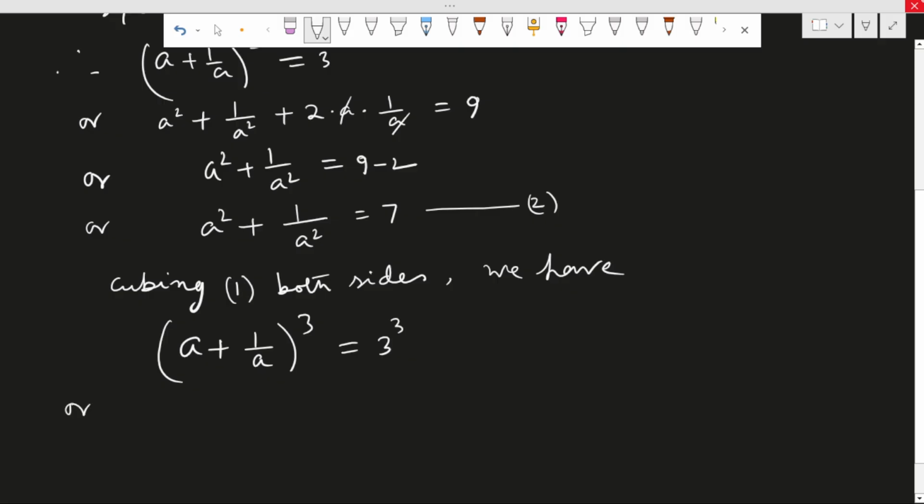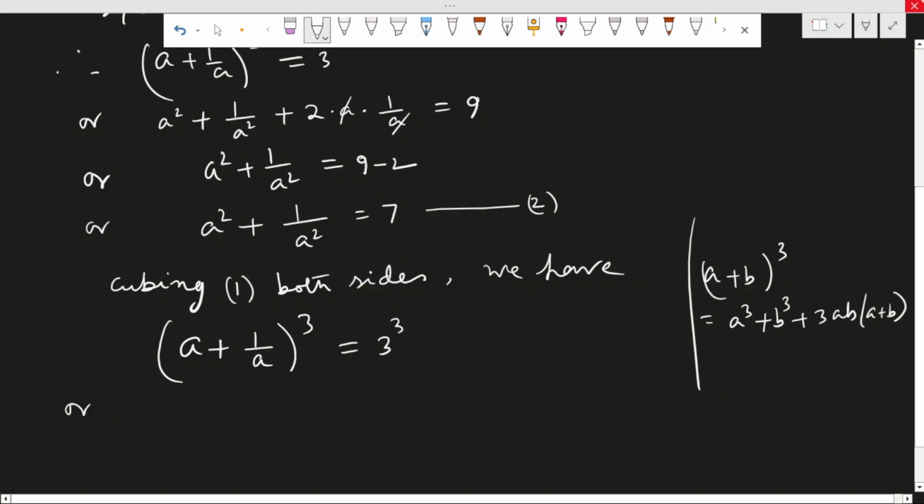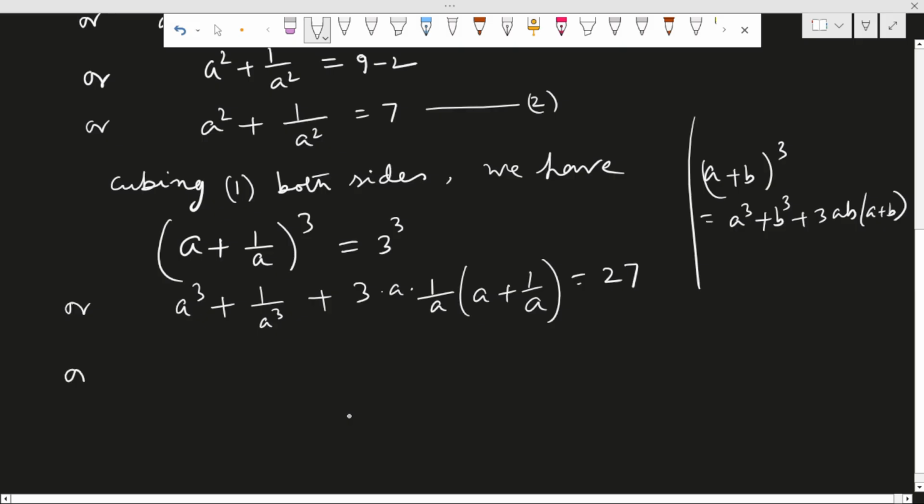Now expanding the left hand side by using the formula, a cube plus 1 by a cube plus 3 a into 1 by a times a plus 1 by a, and 3 cube means 3 into 3 into 3, that means 3 3s are 9 and 3 9s are 27.